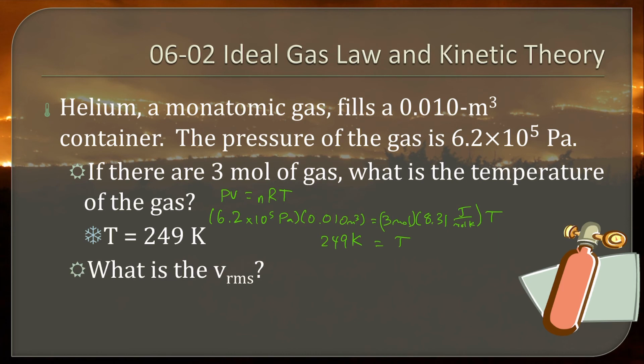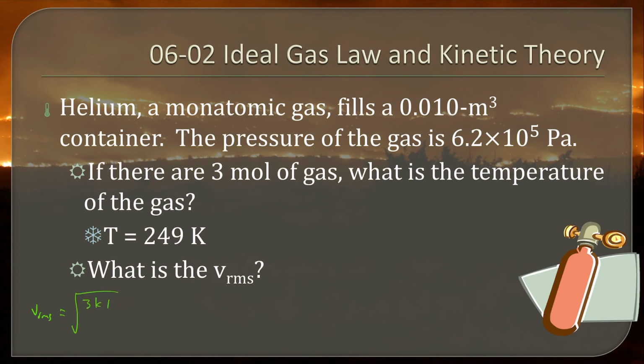All right, I'm going to clear the screen because I'm going to need the space to do this next one. So what is the v_rms? Our v_rms, or root mean square speed, is found by the square root of 3kT over m.